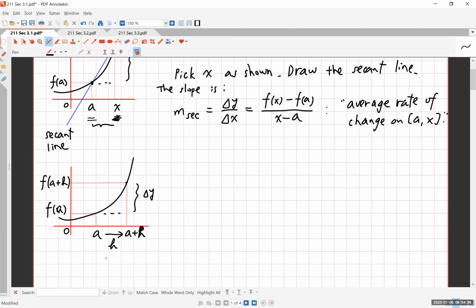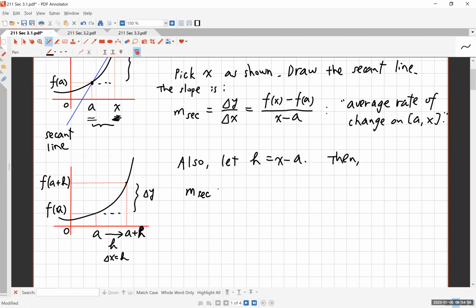And of course, this delta x is actually h, right? So with this setting, which is often used in defining the derivative, we are going to let h be equal to x minus a, right?